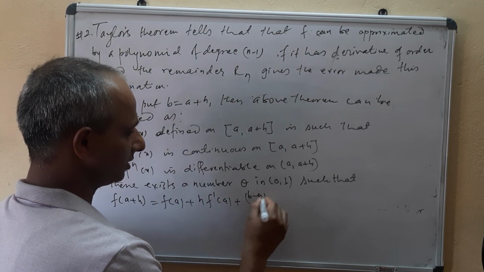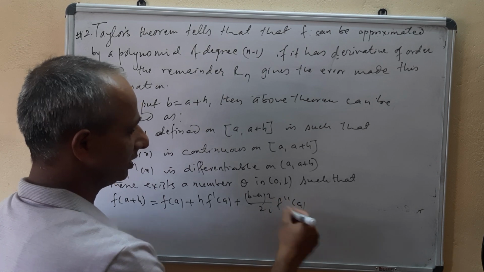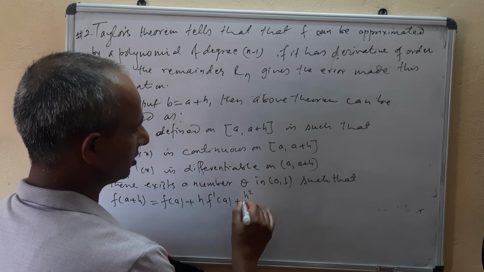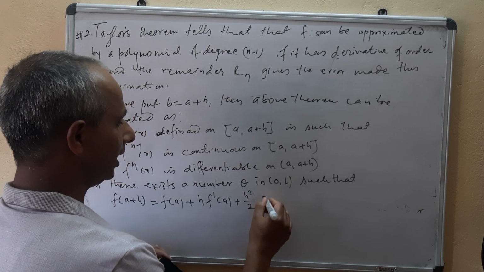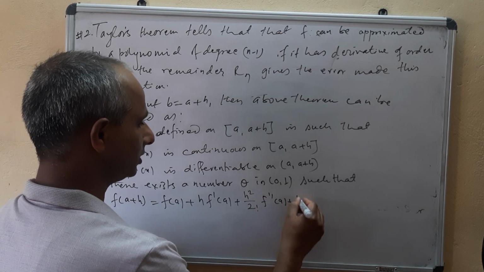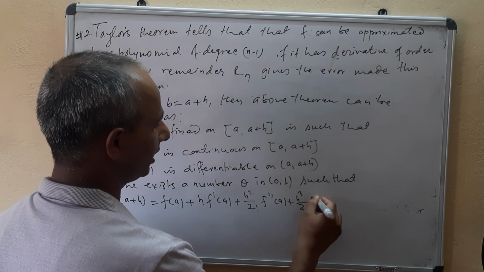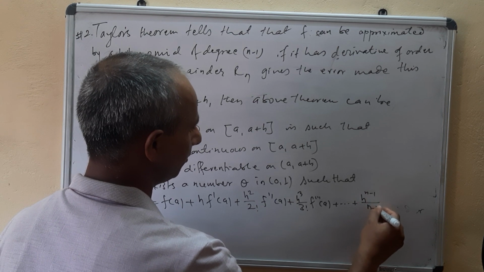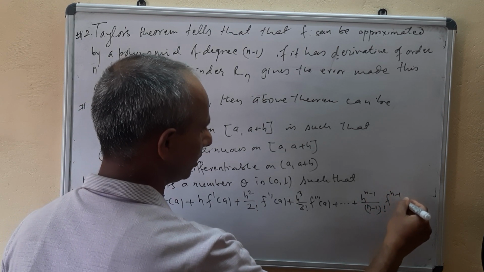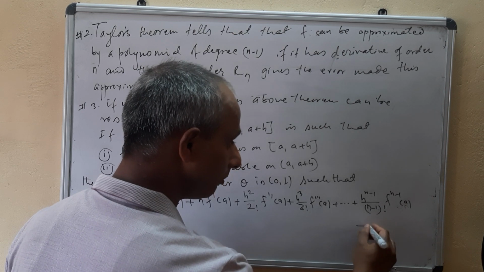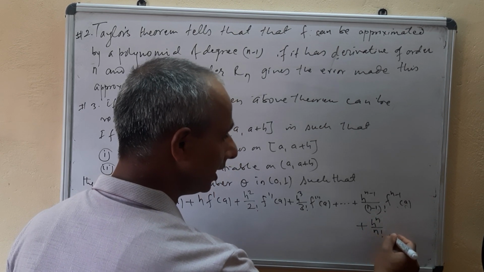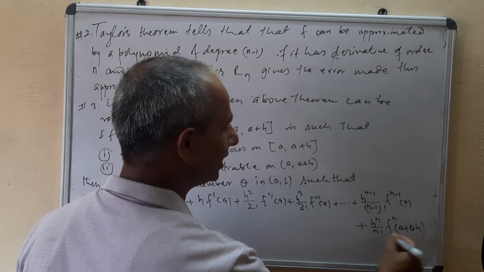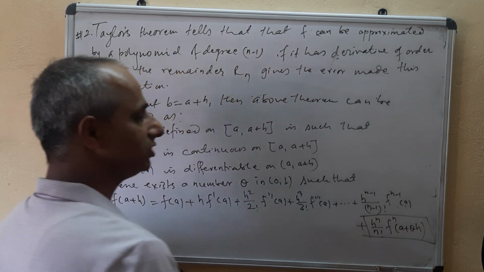We had got like this, no? B minus a square upon 2 factorial f dash a we had got, no? So in this place here will be h square by 2 factorial f double dash of a plus h cube by 3 factorial f triple dash of a plus h to the n minus 1 upon n minus 1 factorial f n minus 1 of a, and the last term is plus h to the n upon n factorial f n of c, meaning a plus theta h, and this is again the Lagrange's remainder.